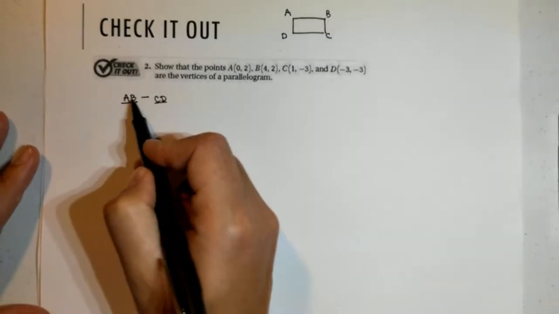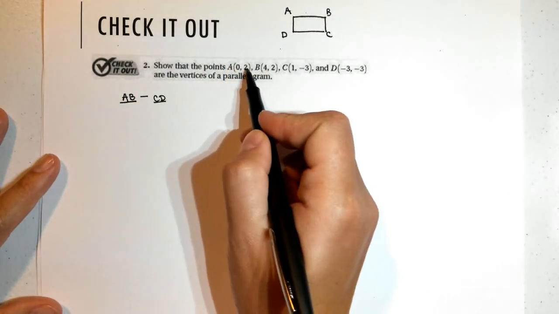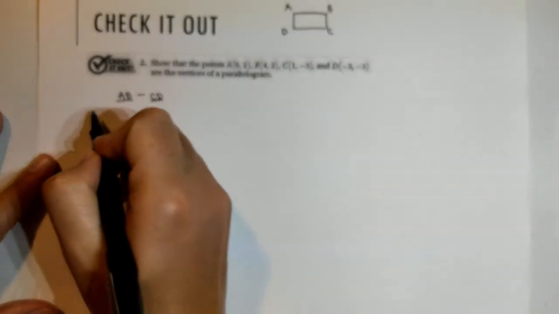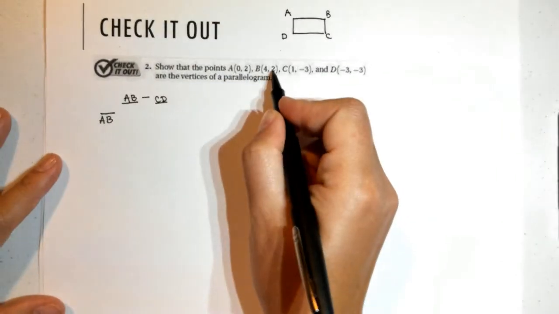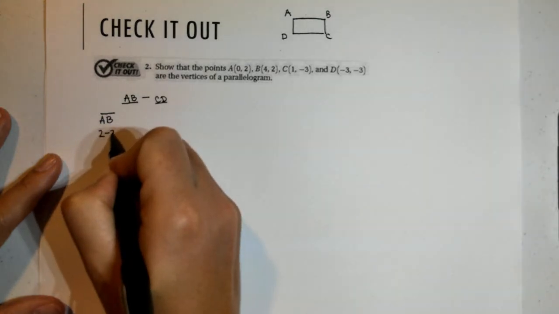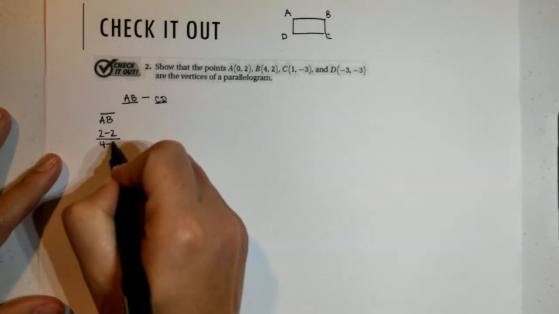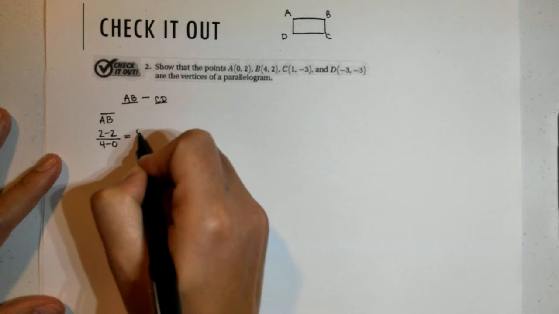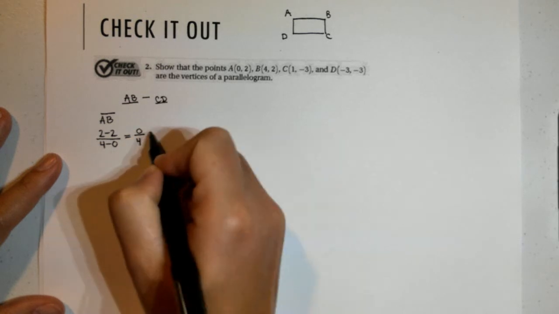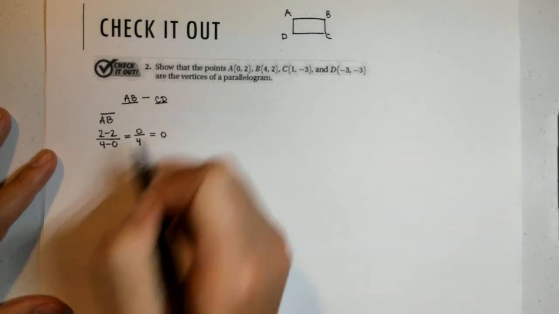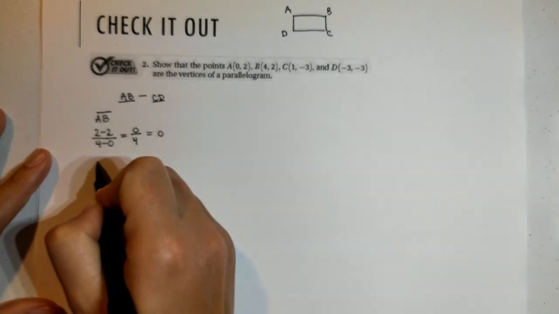So starting with AB, my y coordinates, so I'm doing line AB, and I'm finding the slope of that. So 2 minus 2 over 4 minus 0. 2 minus 2 is 0. 4 minus 0 is 4, so my slope is 0. So now I'm going to do line CD.